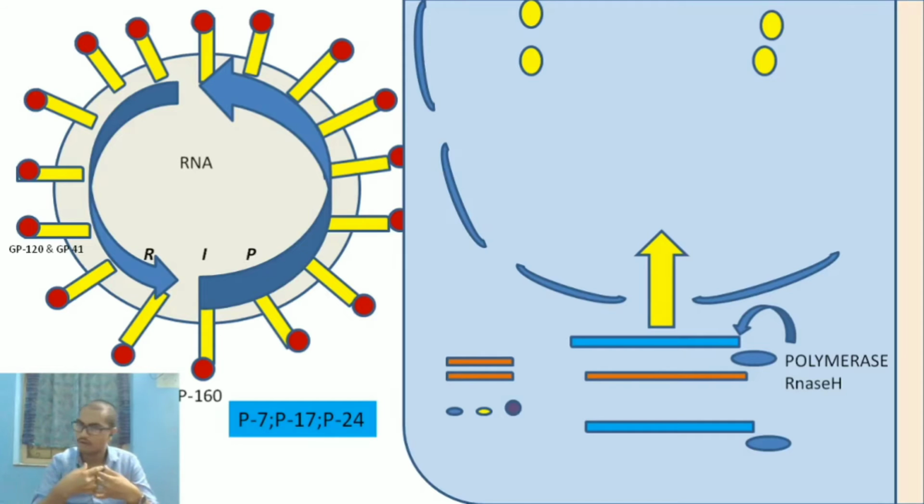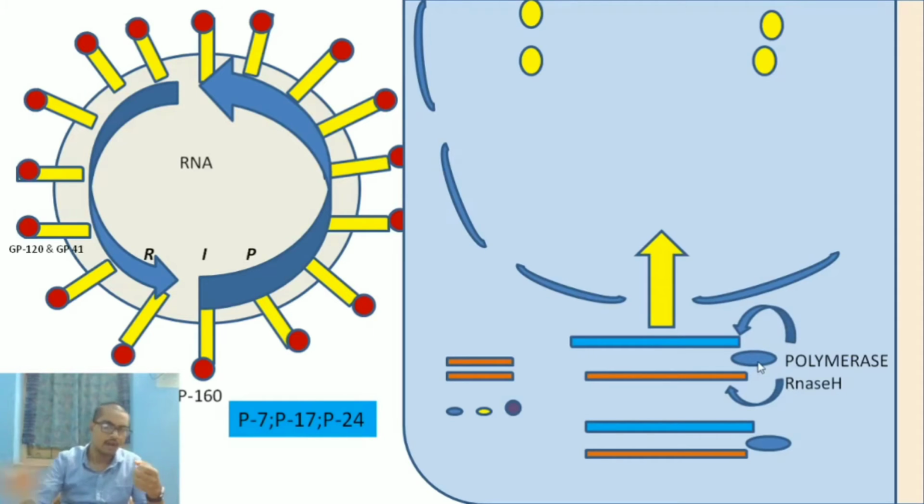Okay. So once the virus synthesizes the proviral DNA by using the polymerase activity of this reverse transcriptase enzyme, immediately it will activate the RNase H activity of this reverse transcriptase enzyme.